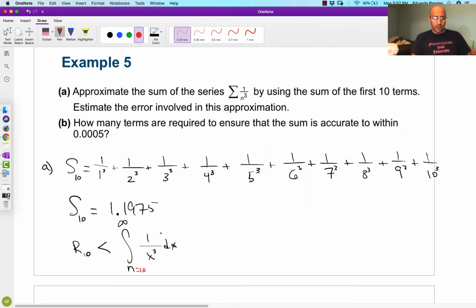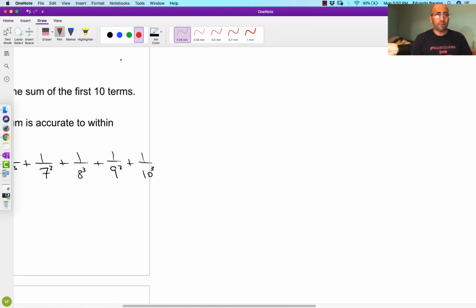Okay, so let me figure out what this is in general, and then we'll be able to use it. So leaving it as n, let's figure out the integral from n to infinity of 1 over x to the power of 3 dx.